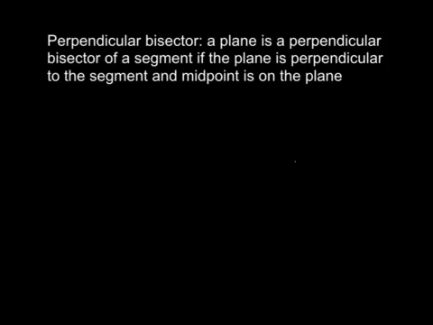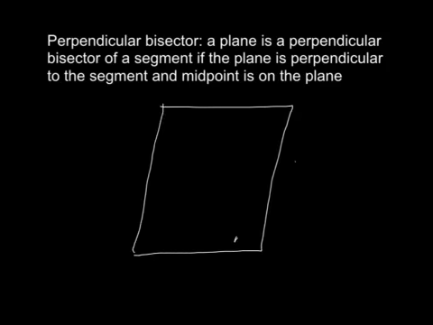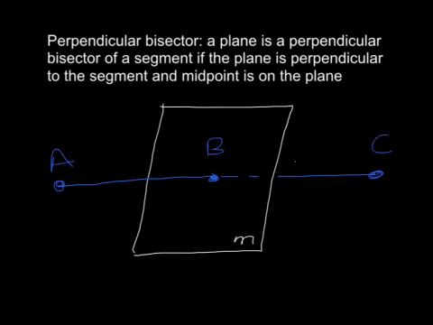So if we want to construct a picture for this, we'll have our plane here, and we'll call the plane M, where we'll have our segment going through our plane M with a midpoint on plane M. We'll call this point A, we'll call our midpoint B, and we'll call our end point of our segment C.